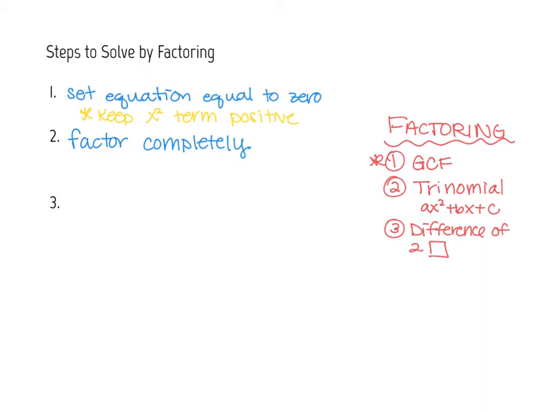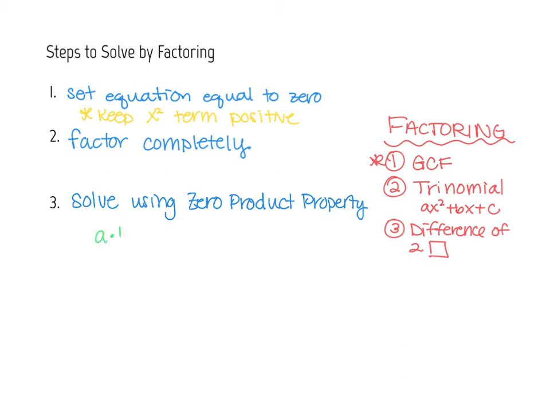The third and final step that we have is to solve using the zero product property. The zero product property says this, and this is just the general form.